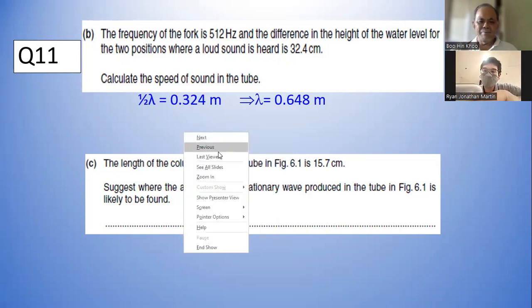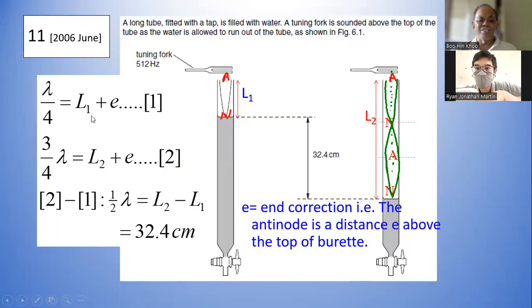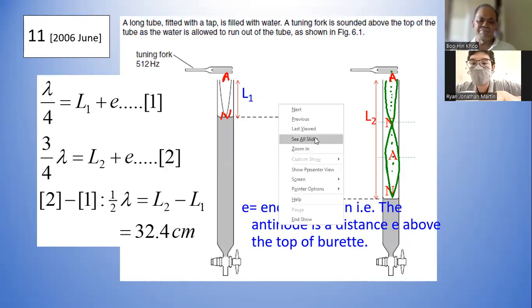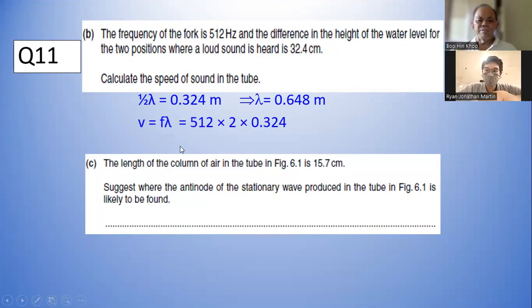Then we multiply by 2 to get lambda. Speed is frequency times wavelength; you need to memorize this formula. Frequency is given, and wavelength is obtained from that.